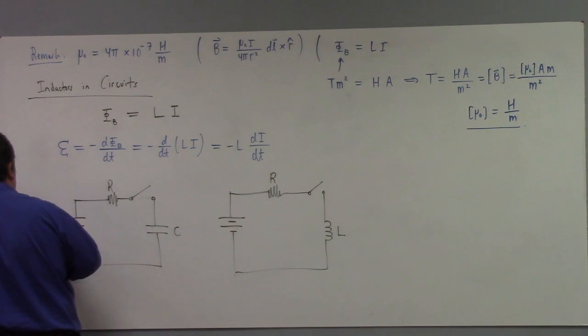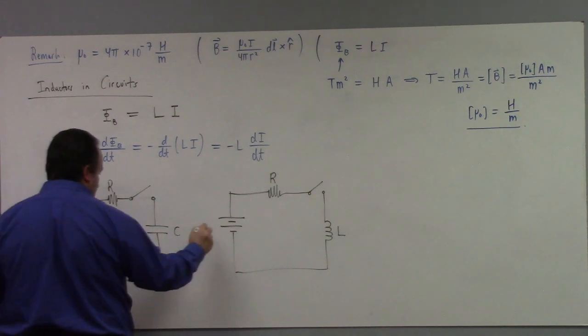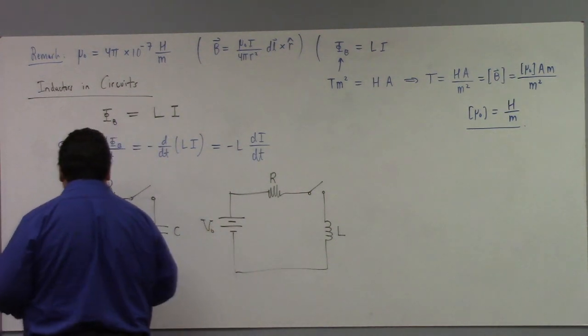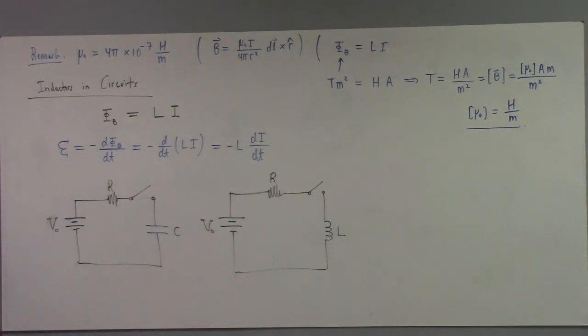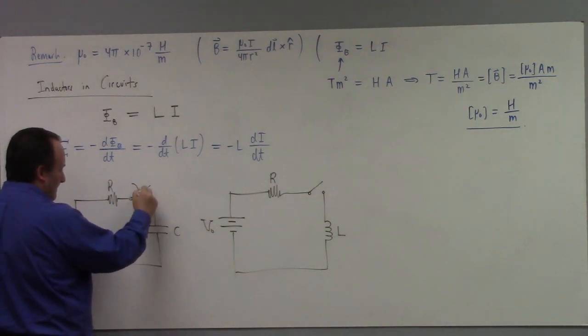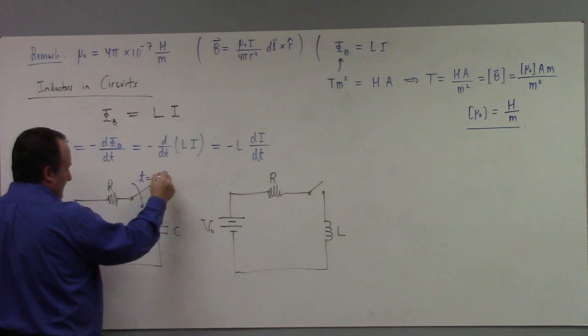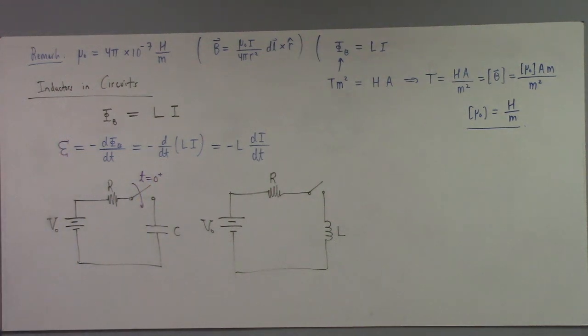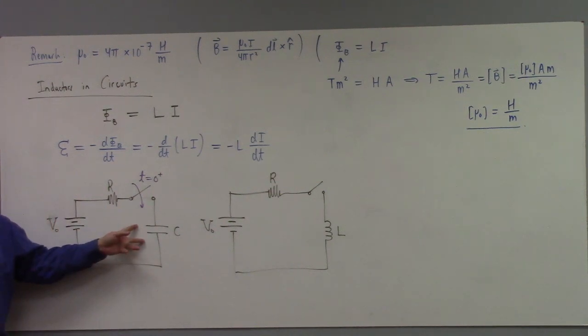I'm going to use a V this time, V naught, a voltage source. So we close the switch at time 0. Let's contrast the difference. Then current starts flowing, and initially the capacitor is uncharged.